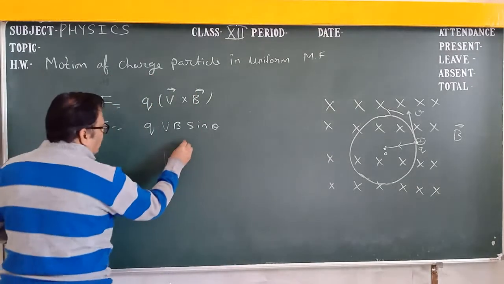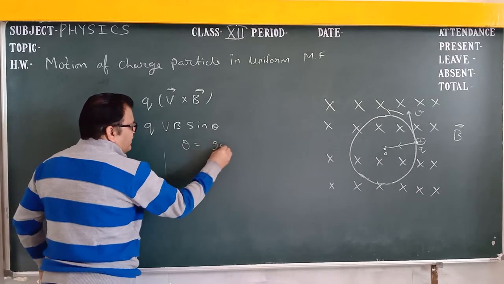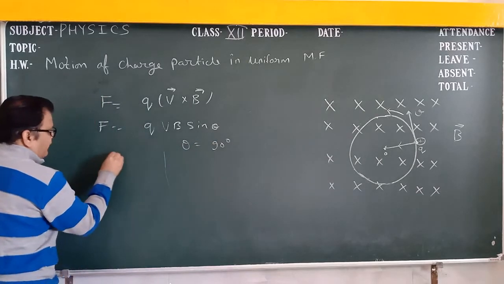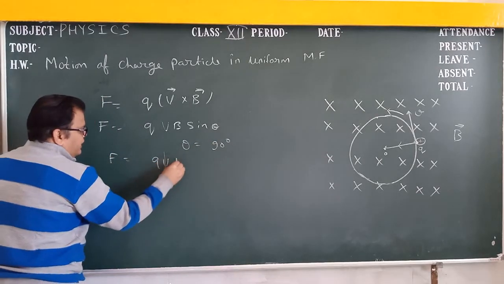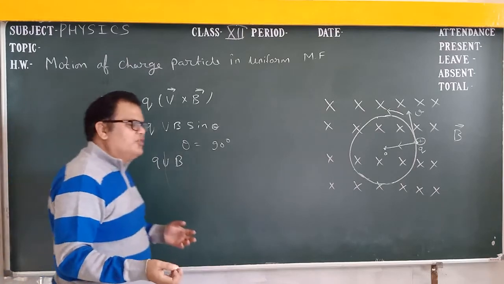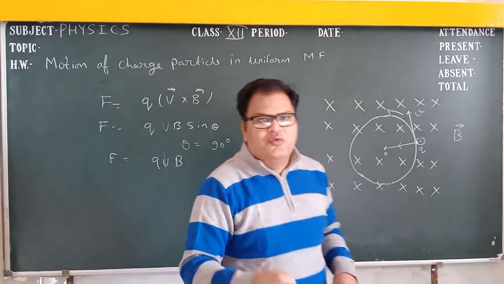If theta equal to 90 degrees, then F equal to Q V B, because sin 90 is equal to 1.